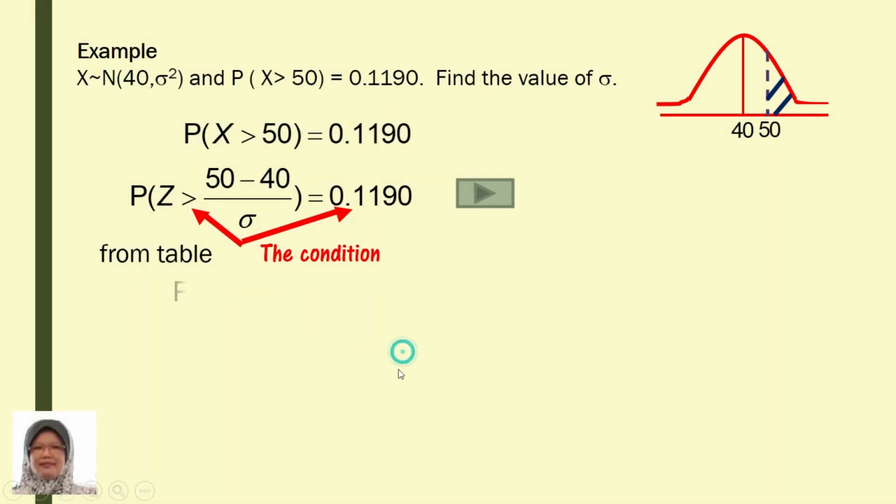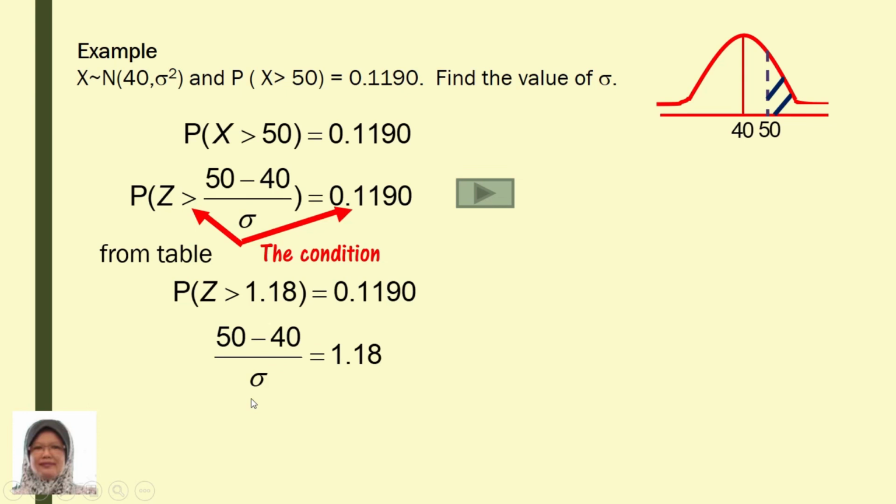So we can write P(Z > 1.18) = 0.1190. So we compare, we get (50 - 40)/standard deviation = 1.18 and we get standard deviation equal to 8.47.